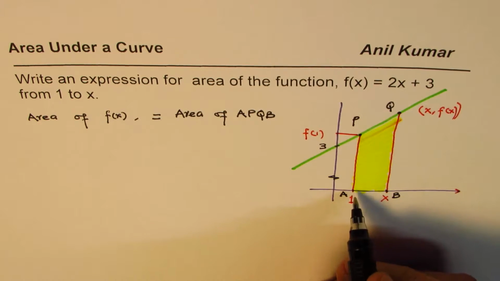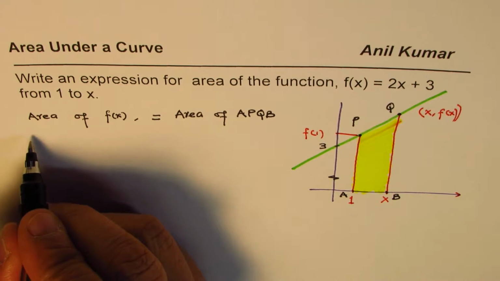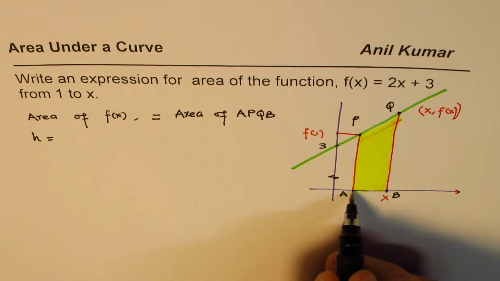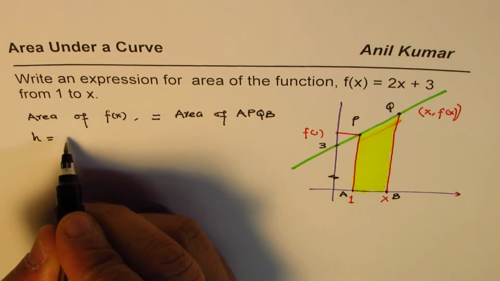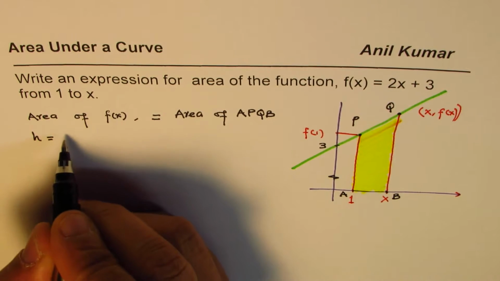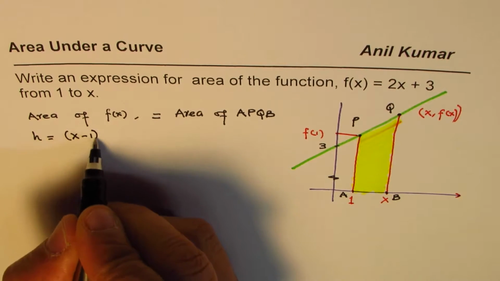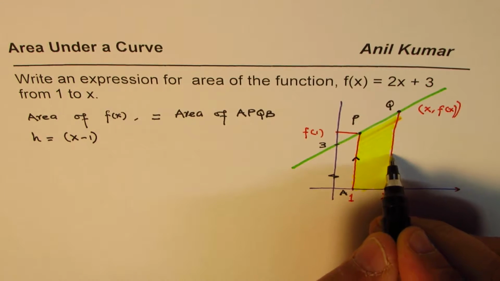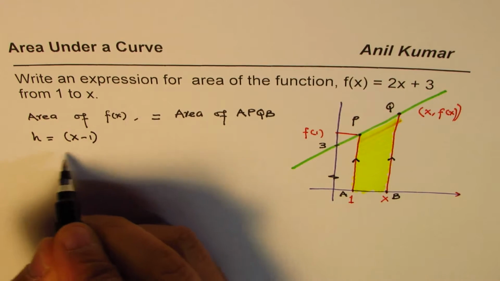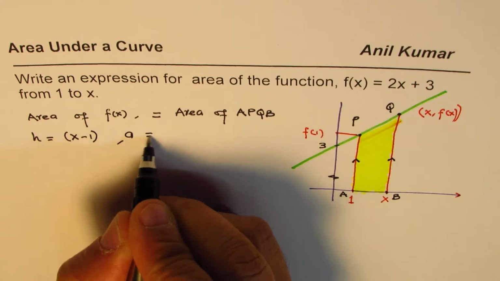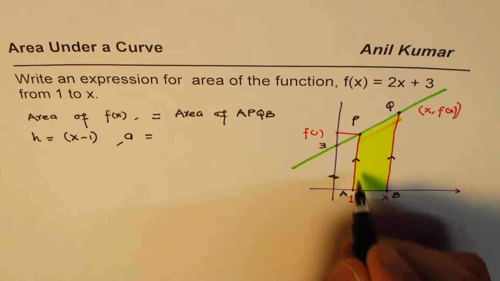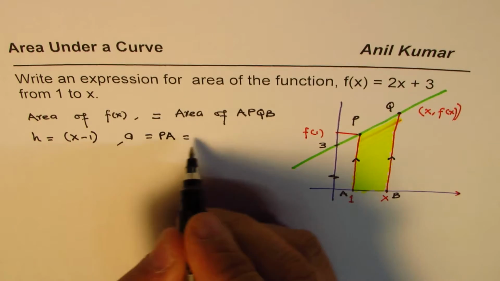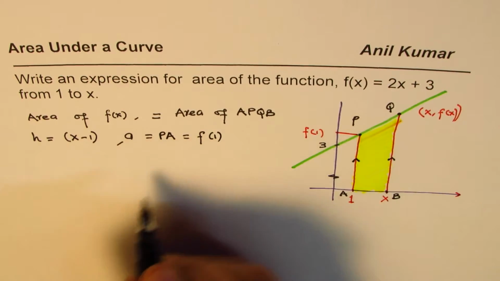So what we see here is that the height of this trapezoid will be this side, which is A to B, which is x minus 1. And the two parallel sides, these are the two parallel sides. So we can say A is equal to this length, PA, right? PA, which will be equal to f of 1.